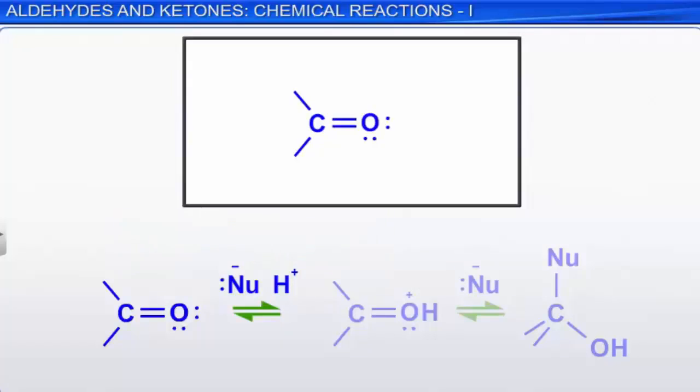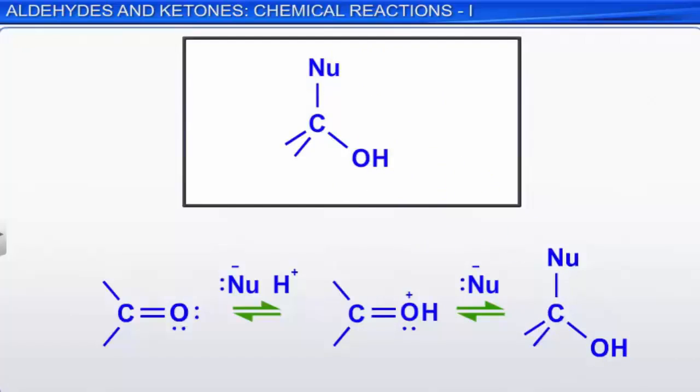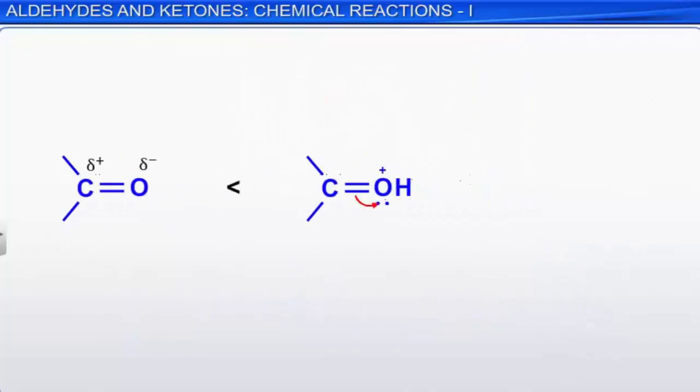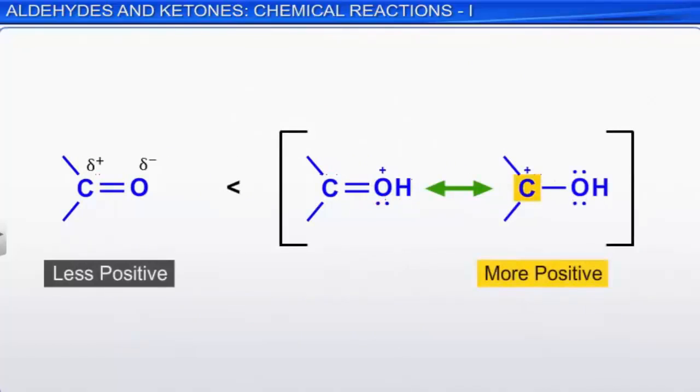The acid protonates the carbonyl oxygen to produce an oxonium ion. The oxonium ion is highly reactive towards nucleophilic attack at the carbonyl carbon atom. This is because the carbonyl carbon atom carries more positive charge than it does in the unprotonated compound.